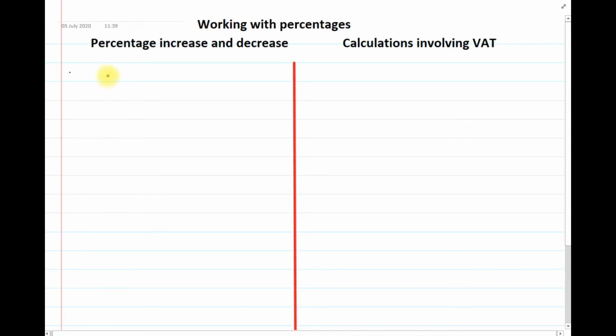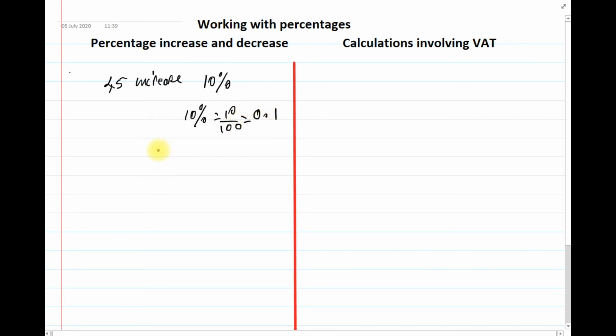So let's do just a couple of quick examples. If I have a price, say, £45, and I want to increase it by 10%. Now 10% is 10 over 100, which will be 0.1.